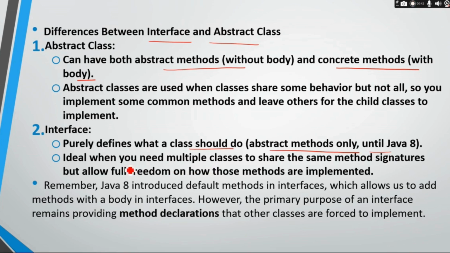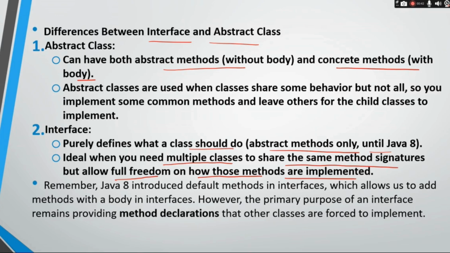Interfaces are ideal when you need multiple classes to share the same method signature, but allow full freedom on how those methods are implemented. So interfaces are suited when you have the same method signature for all the classes, but different implementations are expected. That's when interfaces should be used, correct? So when to use each of them?